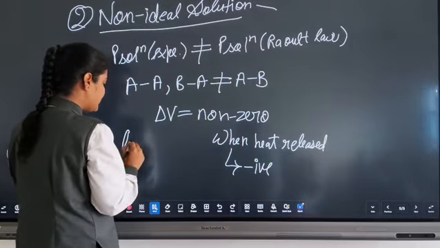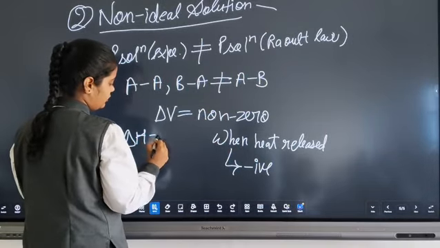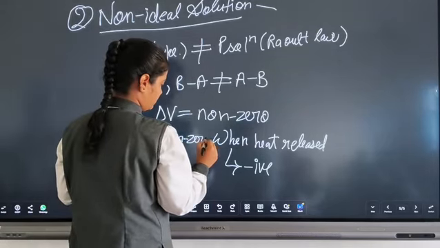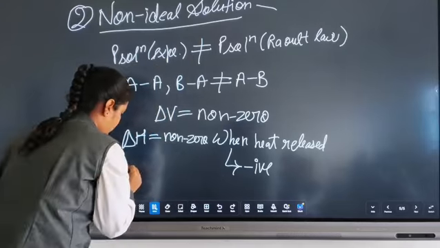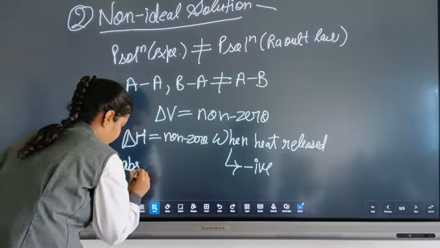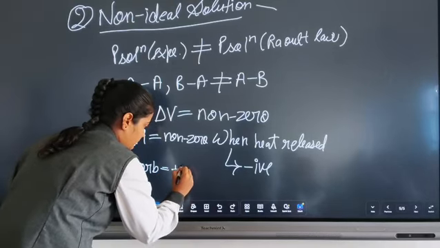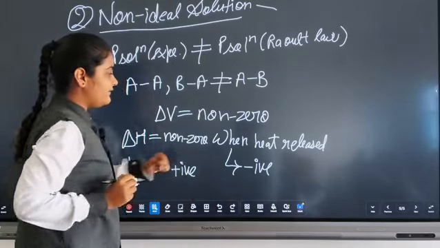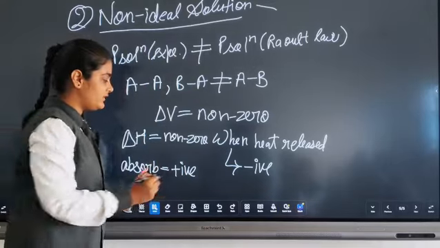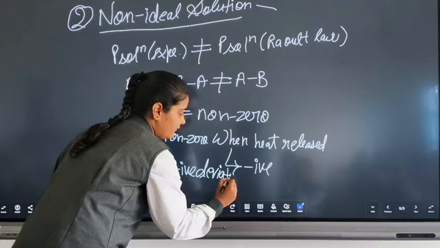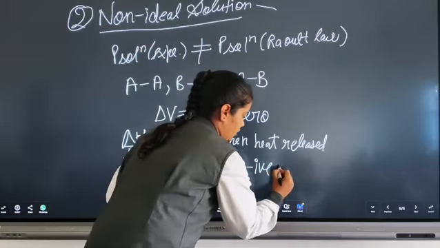It means delta H is also non-zero. Why are we saying negative deviation and positive deviation? Because non-ideal solutions are of two types, that is, negative deviation and positive deviation.